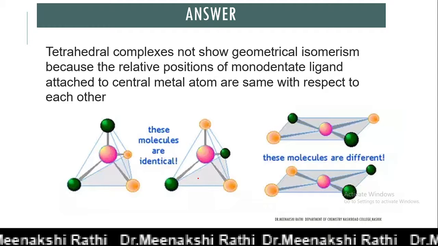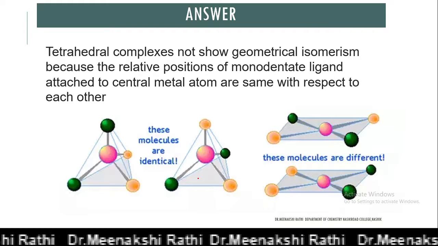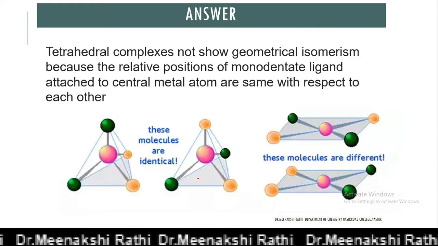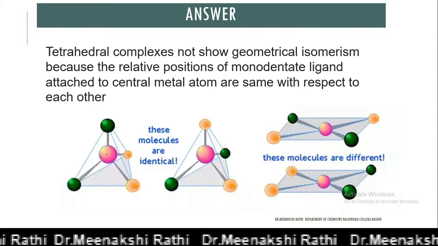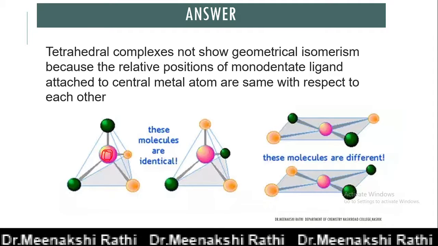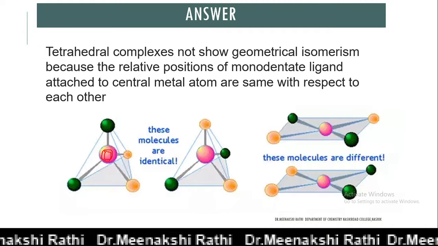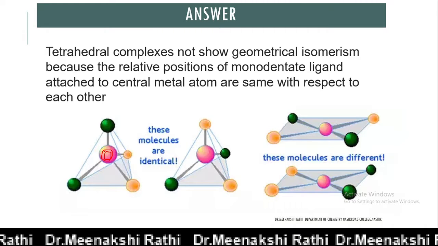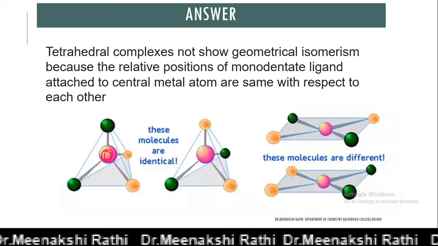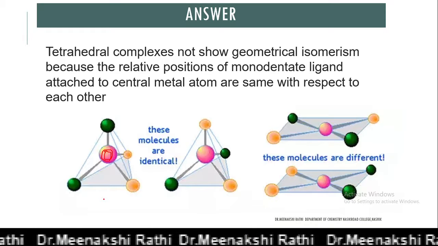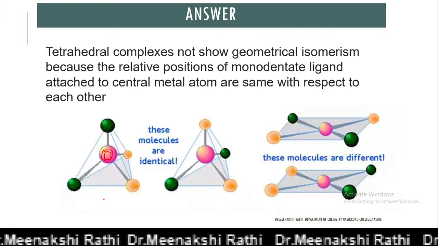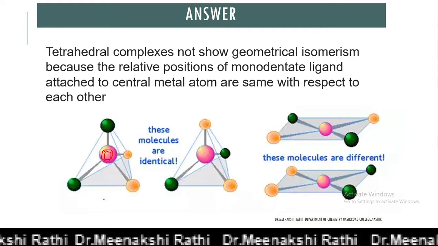Tetrahedral complexes do not show geometrical isomerism because the relative positions of the monodentate ligands attached to the central metal atom are the same with respect to each other. That means if you take any 2 ligands, they are always adjacent to each other and their position is the same.